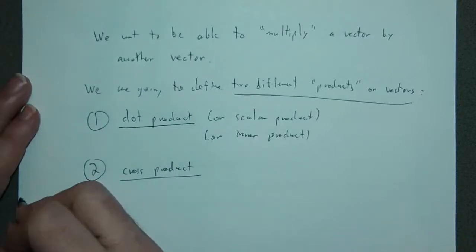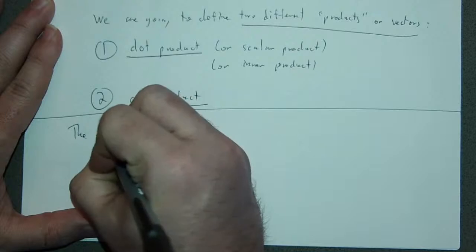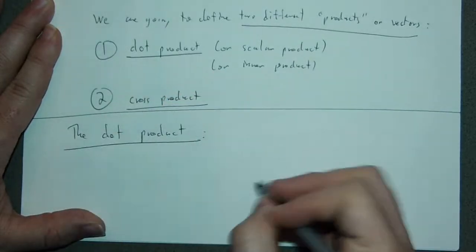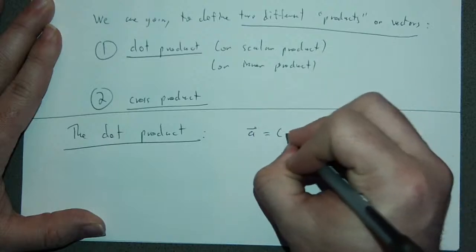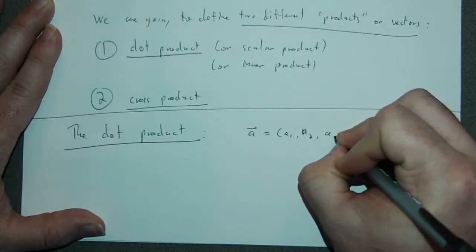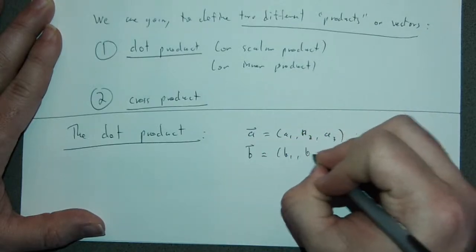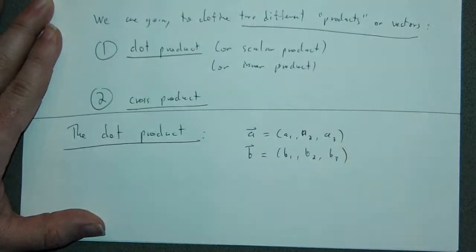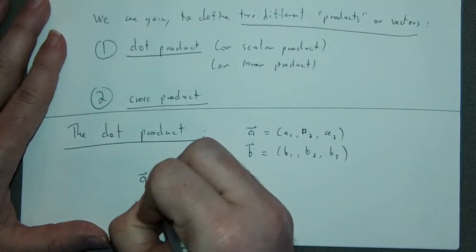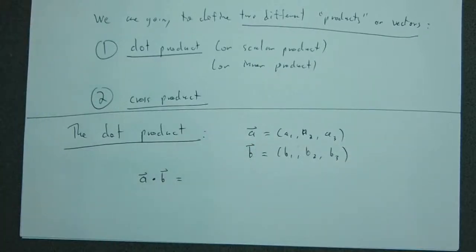Actually, no reason to use a different sheet for now. What is the dot product? I have two vectors, and I promise this is the last time I'm writing this out to save myself some time. So when I have vectors, this is the notation that I'm assuming I'm using. I have two vectors, A and B. If I dot them, A dot B, what is this?